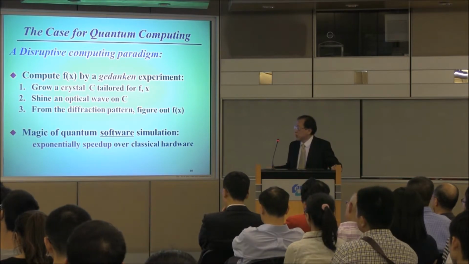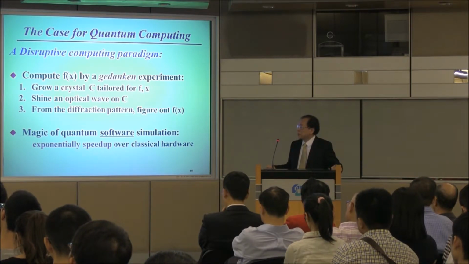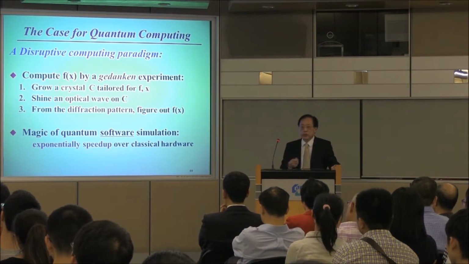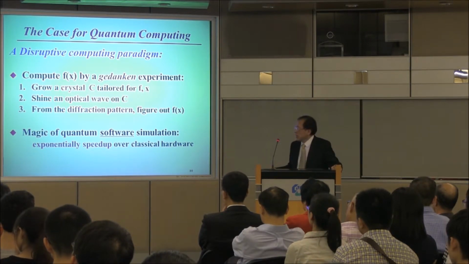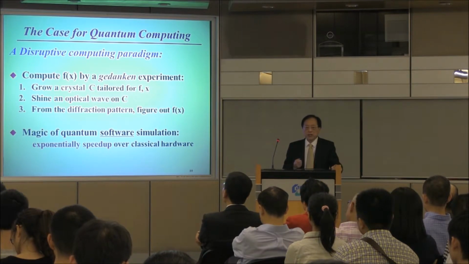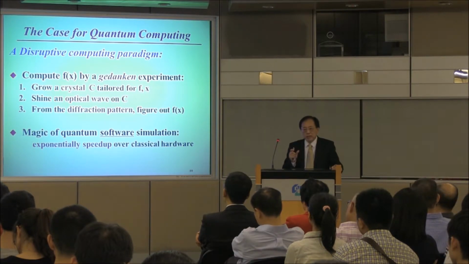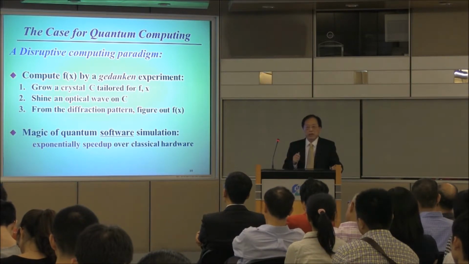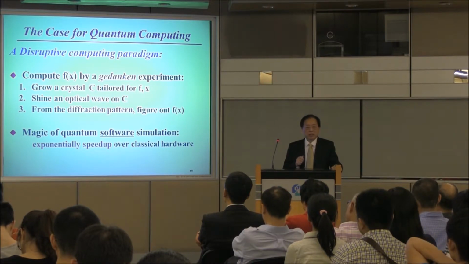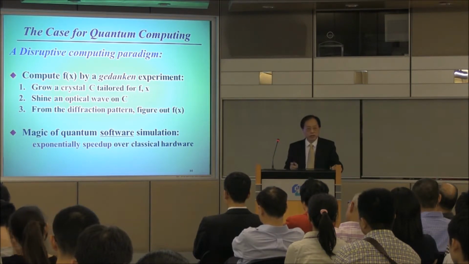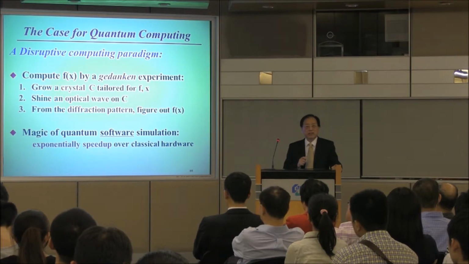And so as computer scientists, it's not unusual for us to think about doing things using software instead of thinking about hardware. Now, however, in all the cases that we are familiar with, software simulation may save some money, it may save some time, but the order of magnitude cannot be astronomical. In other words, when we use software to simulate hardware, basically we are doing a polynomial simulation in terms of the cost that is used.